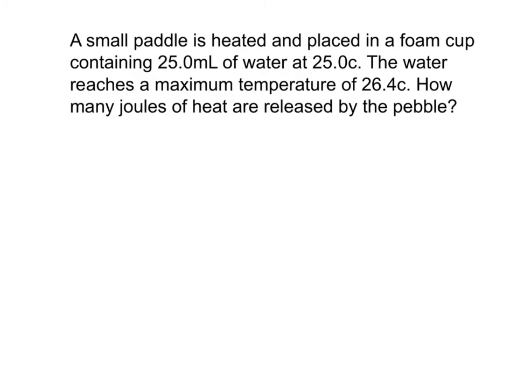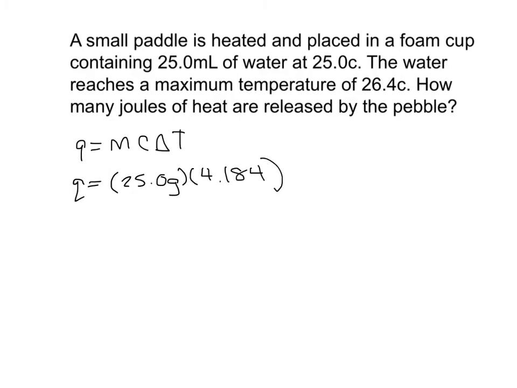So you'll start this equation by writing Q equals mc delta T. The Q we don't know, so that's what we're trying to find, and the m would be 25.0 grams times 4.184, because that is the specific heat of water, and the change in temperature would be 26.4 minus 25.0.